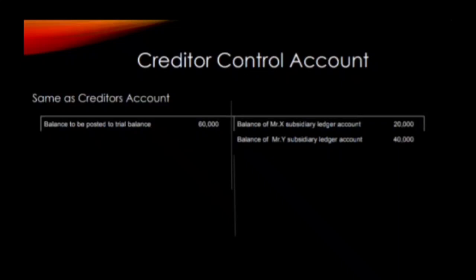So we have two suppliers, Mr. X and Mr. Y. Therefore, whatever balance is left over in their subsidiary ledger accounts, we shall bring forward to the creditor's control account, and then these balances shall make a single balance which will be forwarded to the trial balance. Now, the balance to be posted to the trial balance is 60,000, because of this: 20,000 of Mr. X and 40,000 of Mr. Y.